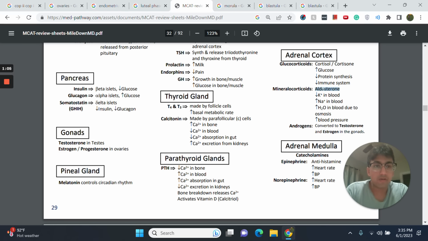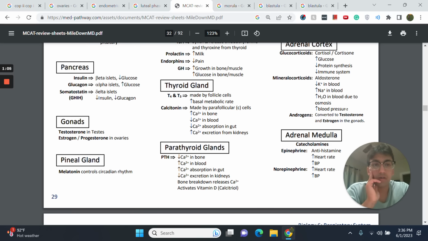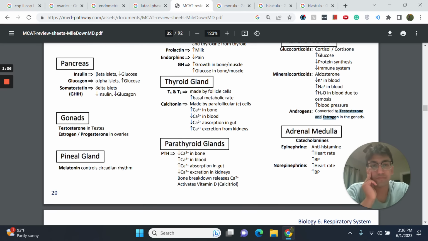And that aldosterone will activate these channels in your collecting ducts, which tells those channels to release more potassium in your urine and reabsorb more sodium from your urine back into the bloodstream. And the water follows the sodium. This is essentially a way to prevent your blood pressure from going low, and so it increases your blood pressure. Finally, we have androgens, which are converted to testosterone and estrogen in the gonads.